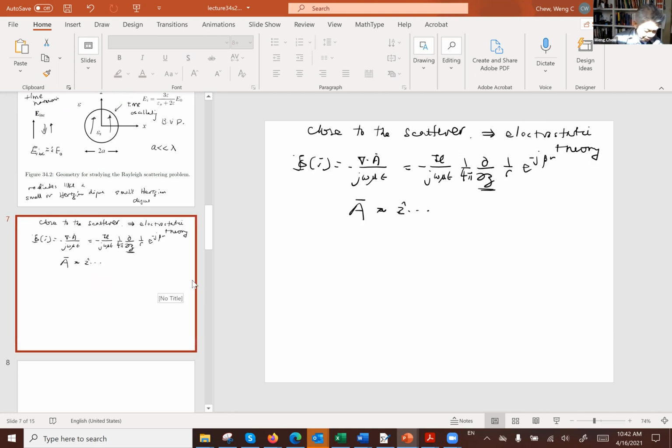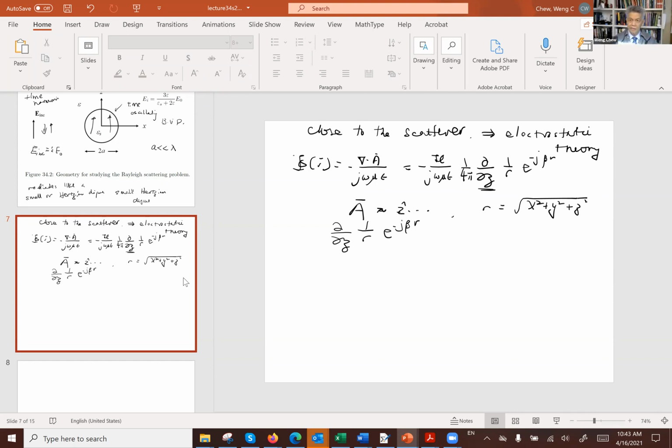You can work that out in greater detail. Most students will have problems finding this derivative. When we have something like this to differentiate, I find that many students have problems. What you need to do is use the chain rule, the chain rule that allows you to change between spherical coordinates and Cartesian coordinates.